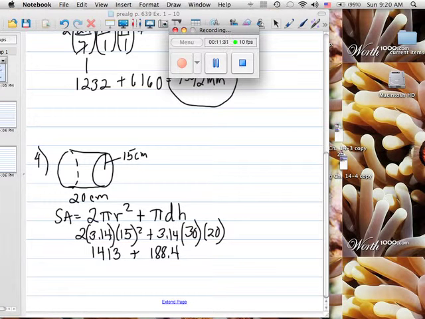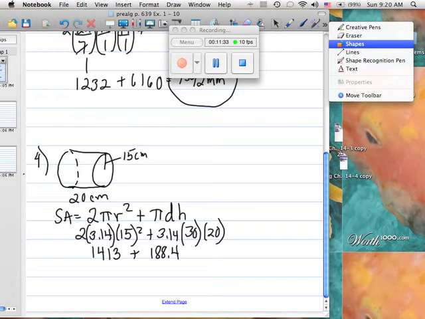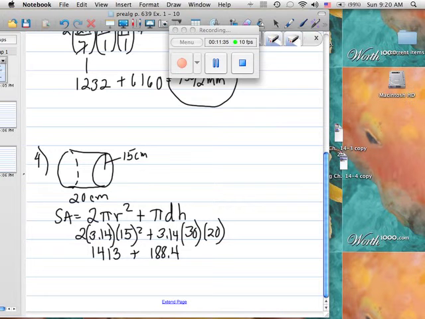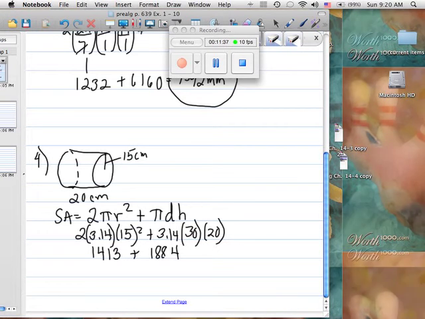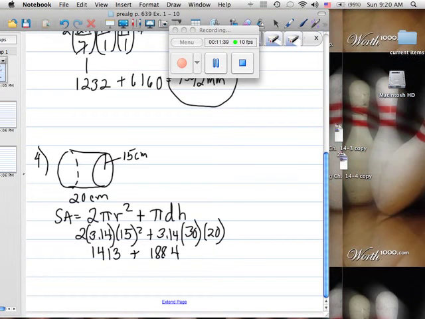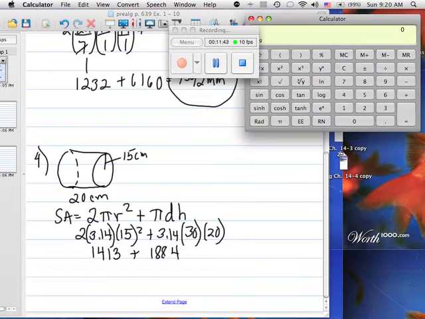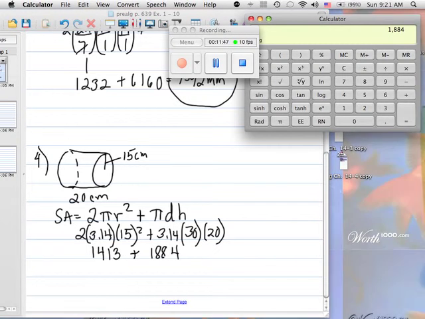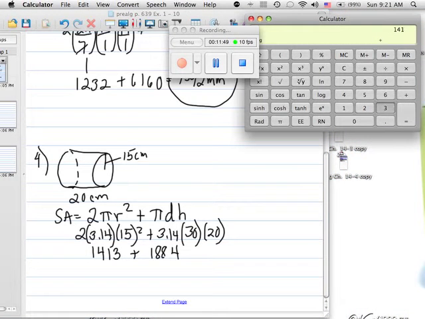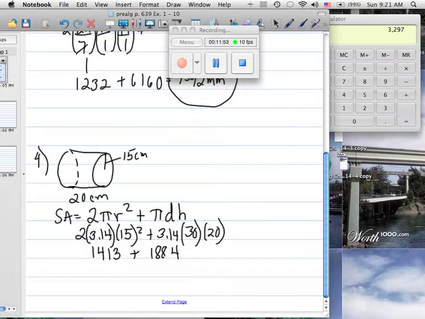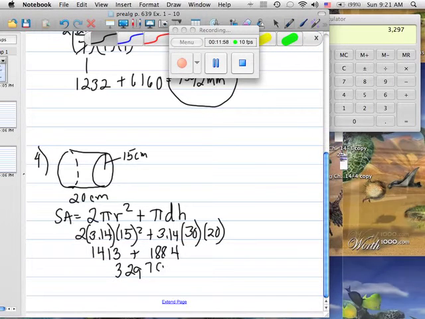Yeah, my mistake was right here. That should be 1,884. So now adding those together, 1,884 plus 1,413 gives me the answer 3,297. And the unit is centimeters squared.